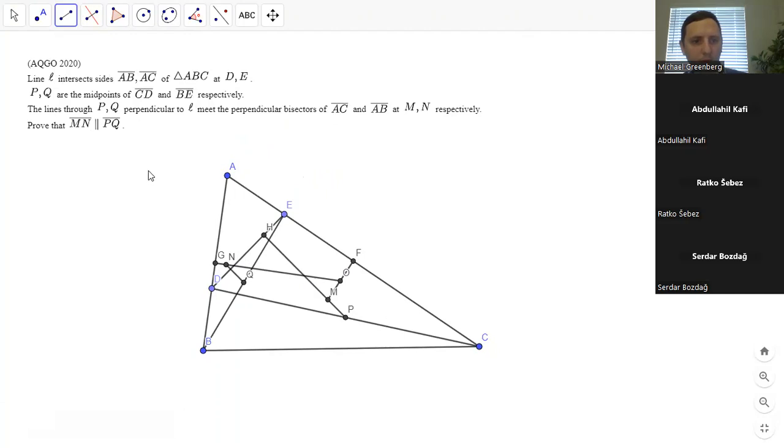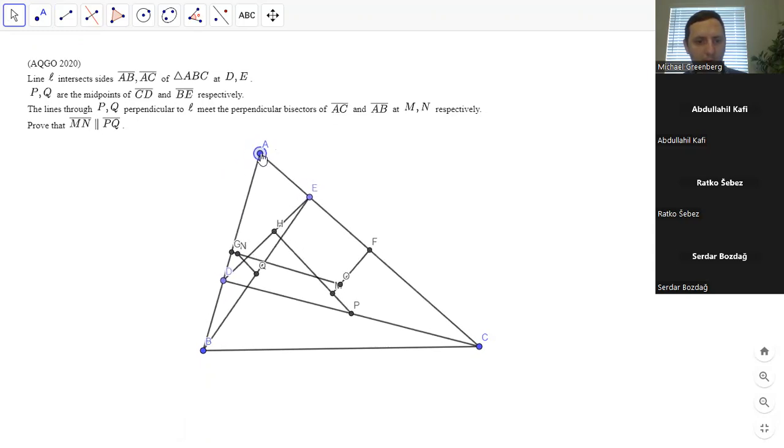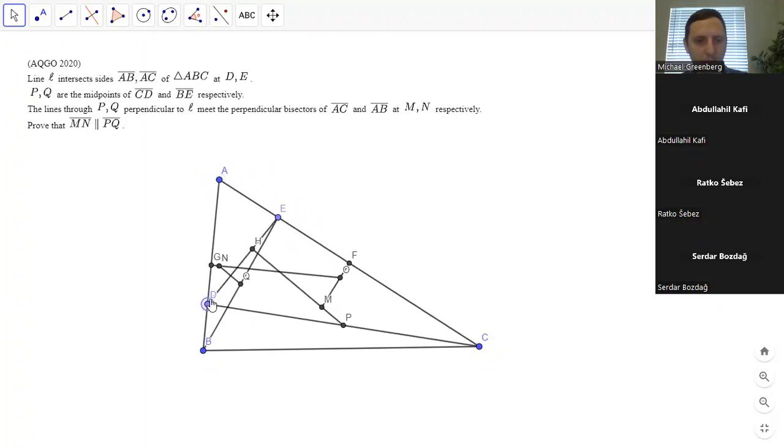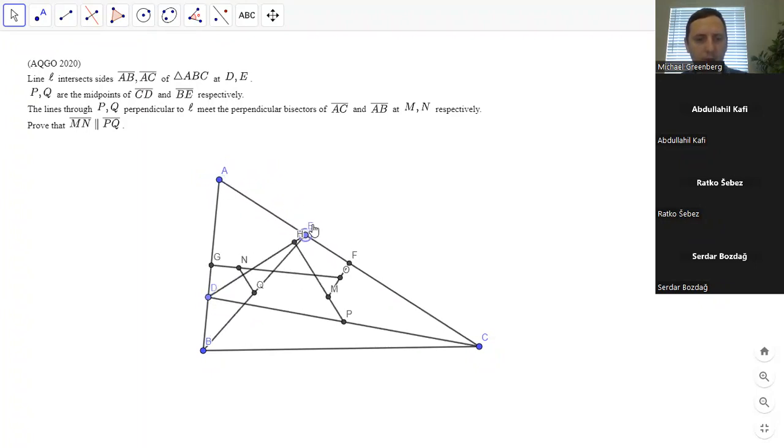So P and Q are the midpoints of BE and CD. Yeah, I guess this is the whole picture, right? I just want to make N and G look farther away, but it's not that easy to do that. Oh, but you can move around D and E, so that makes things a lot easier. Okay. Maybe something like that.